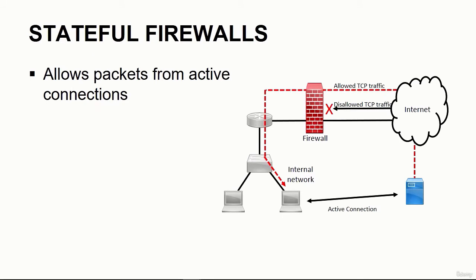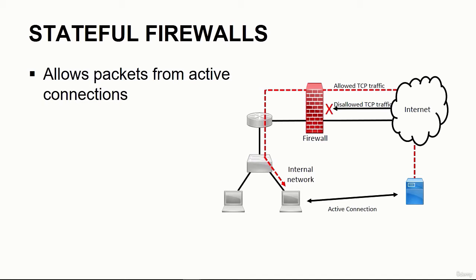Stateful firewalls maintain state information about each packet, ensuring that only packets matching known active connections are allowed to pass through. For example, we could have a firewall that's configured to block or disallow all TCP traffic that's coming in from the internet.